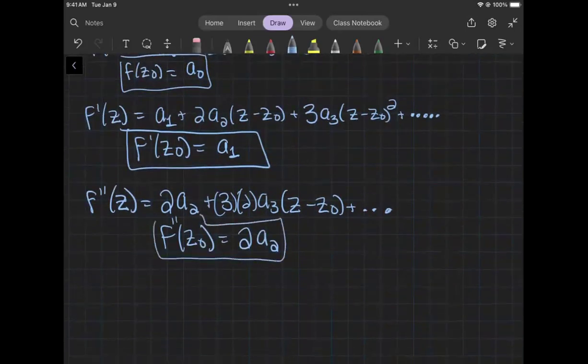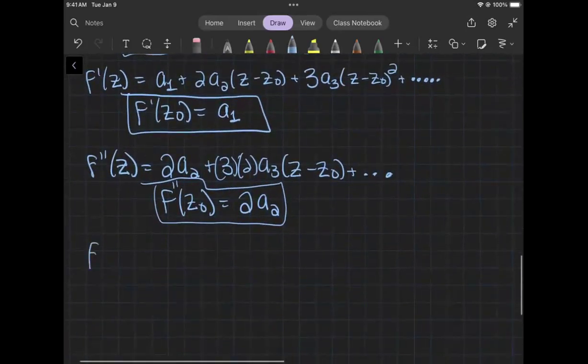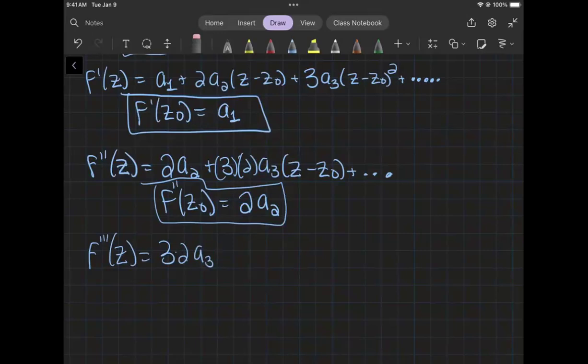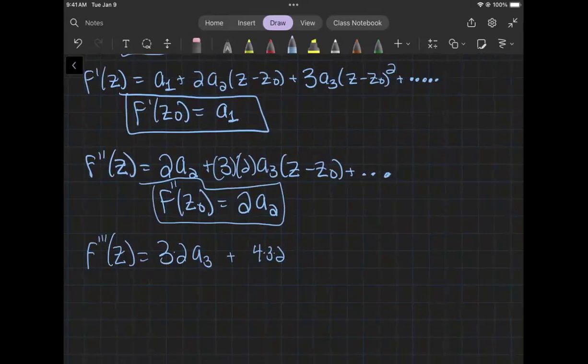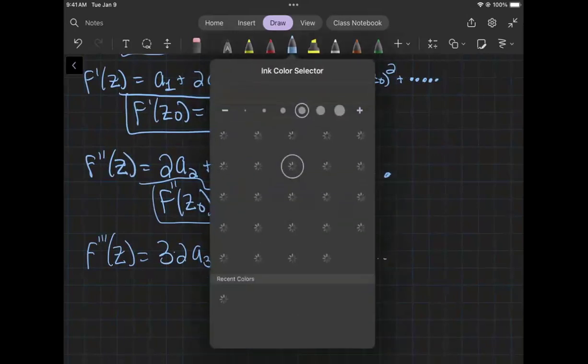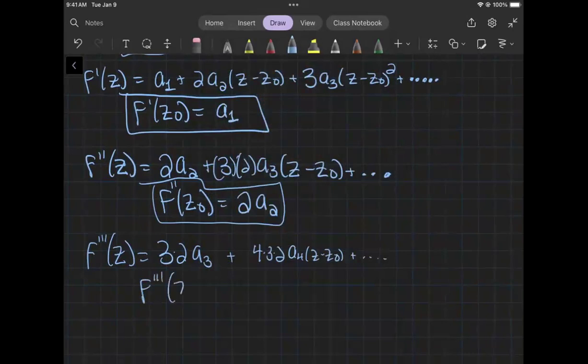If you keep going, we may see a pattern. f triple prime of z is 3 times 2 times a3 plus 4 times 3 times 2 times a4 times z minus z naught plus and so on. And f triple prime at z naught equals 3 factorial times a3.